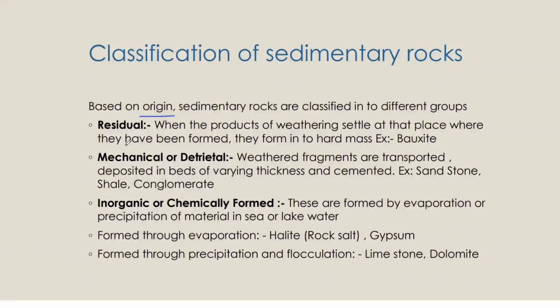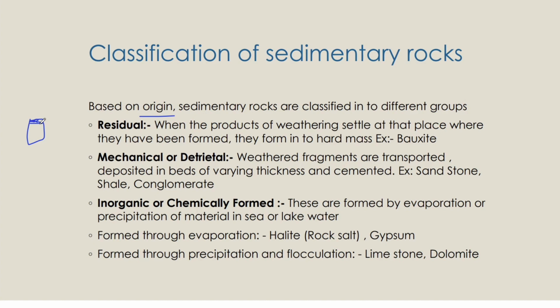So residual: when the products of weathering settle at the place where they have been formed, they form into a hard mass and they are known as residual. Residual means what? If this is a rock, then this portion is broken down and this portion will be present at that place after breaking.